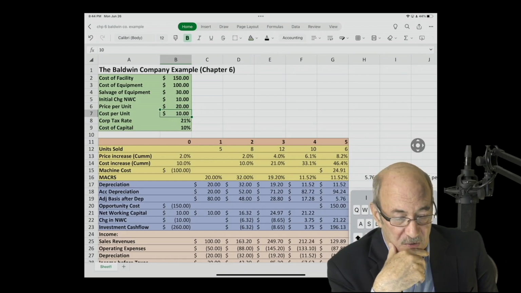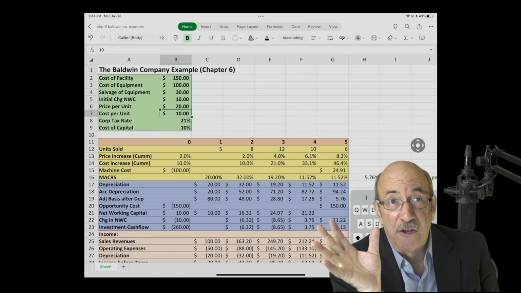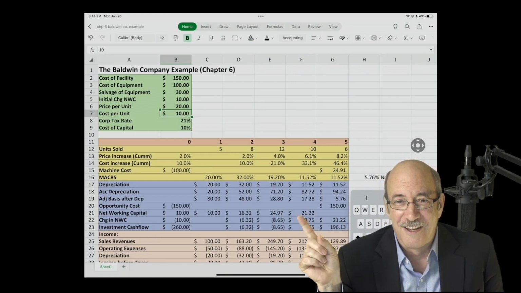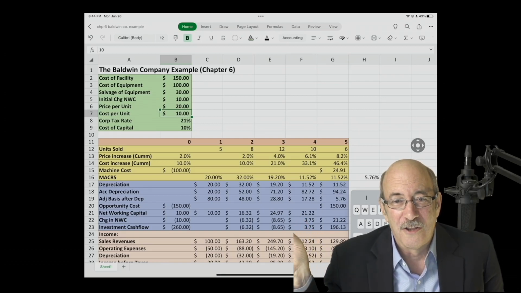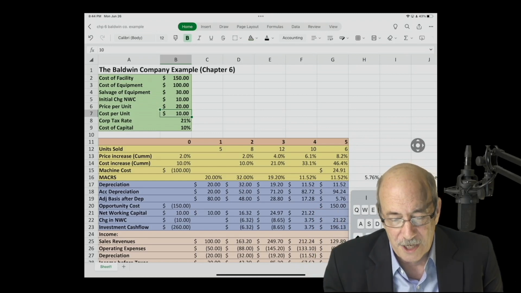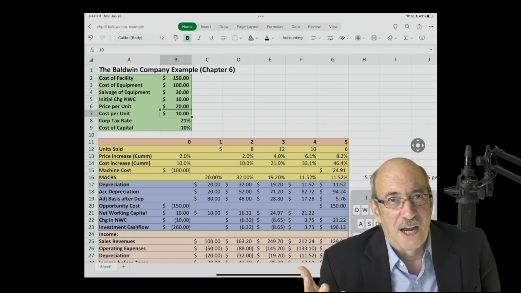Okay, easy. Change that cell B7 to 11. Everything in the spreadsheet, all of this over here, the camera's reversed, so all of this over here changes automatically. I don't have to think about it. I don't have to go in and find that buried formula or where I hard-coded something.